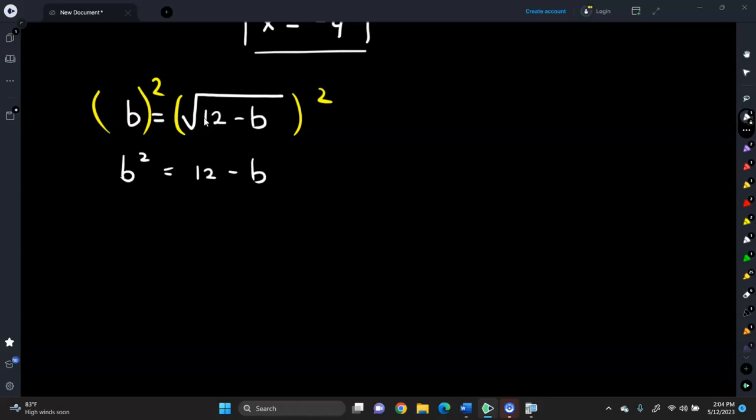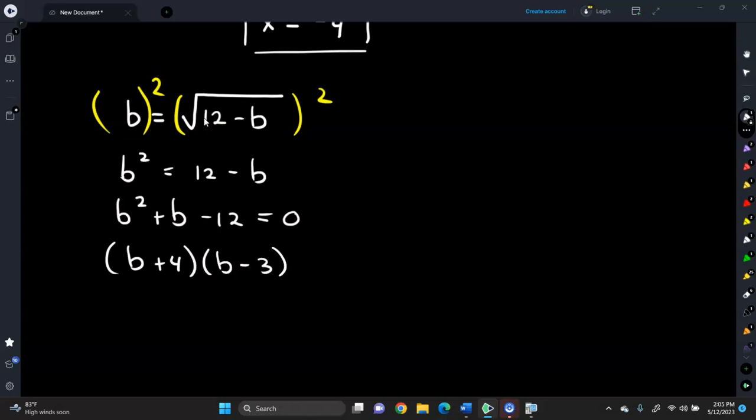It's quadratic, so we want to move everything over to the other side. So this is going to be b squared plus b minus 12. So I factor this: b plus 4, b minus 3. So b plus 4 equals 0, b minus 3 equals 0. So b equals negative 4, b equals positive 3.